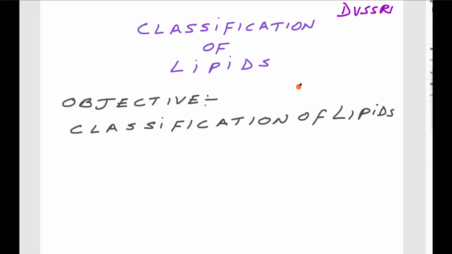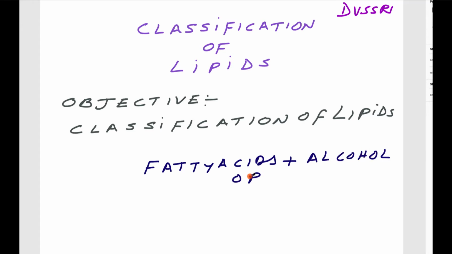Before taking up the classification of lipids, let us talk about some aspects of lipids. Lipids contain fatty acids. They are esters of fatty acids in combination with alcohol, or fatty acid plus alcohol plus additional groups.